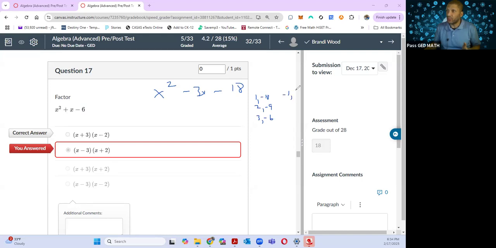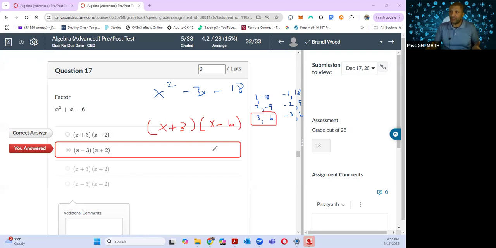Change the sign, minus 1 and 18, minus 2 and 9, minus 3 and 6. What two numbers will give me minus 3 and multiply to give me negative 18? Look at that. I'm already done. X plus 3, X minus 6.